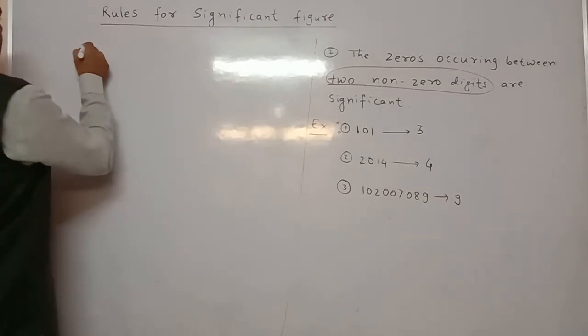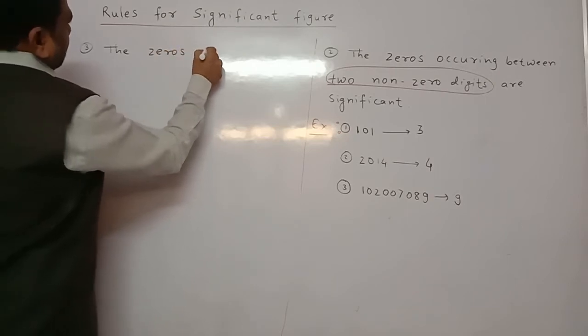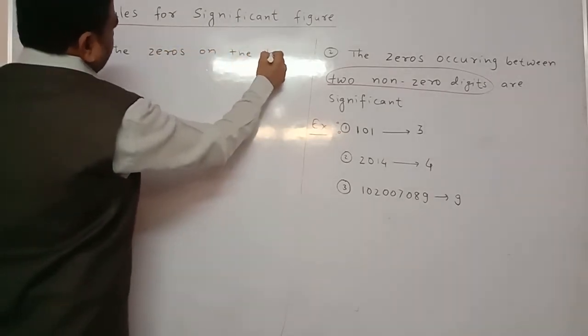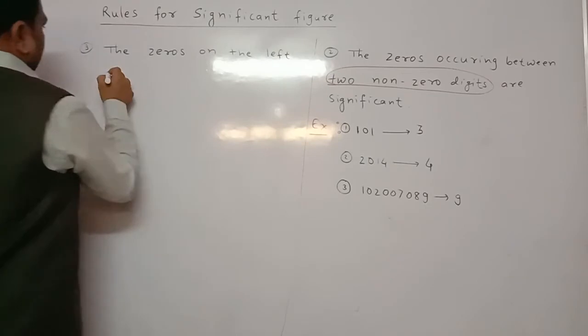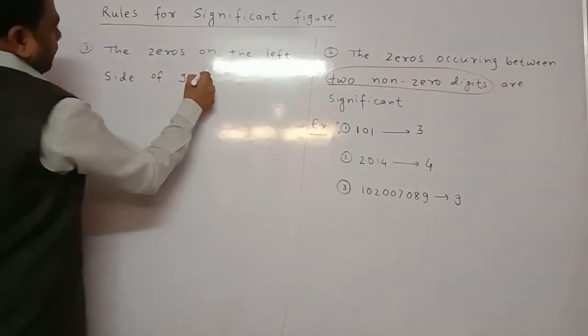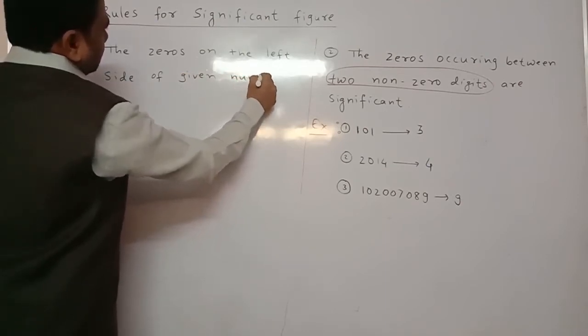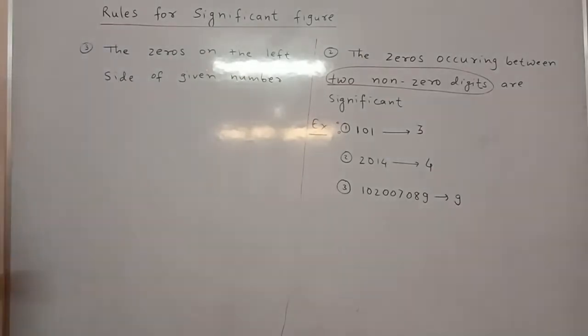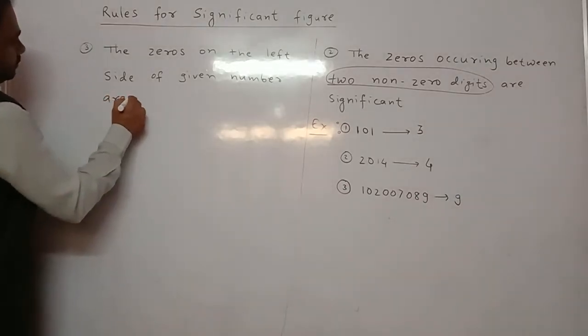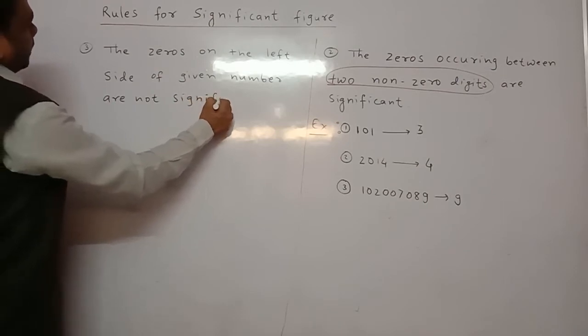The third rule: the zeros on the left side of the given number are not significant.